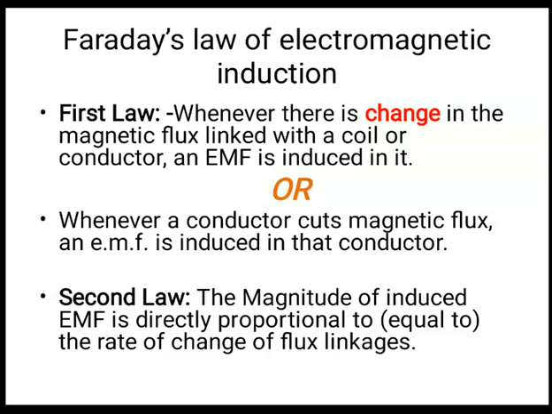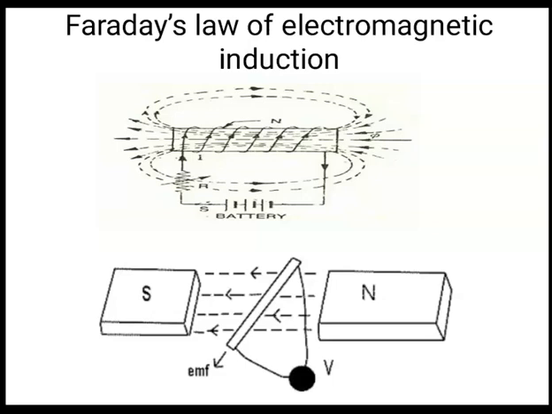So the magnitude of the induced EMF is directly proportional to the rate of change. Rate of change means how frequently it is changing. If it is changing very fast, then the induced EMF is also very high. For example, if this conductor is cutting the flux frequently, the induced EMF is very high.